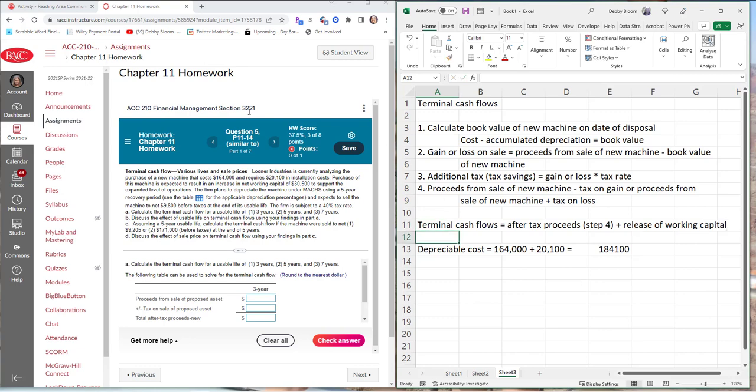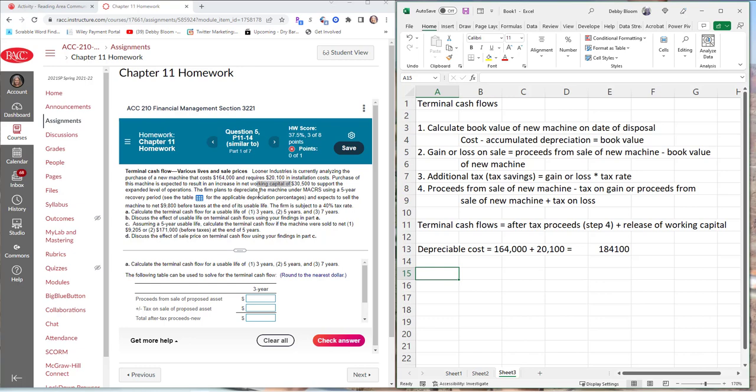You're going to notice here that this purchase of this machine required an increase in net working capital of $30,500. So supplies and employees. We always assume that when we get rid of the machine, we fire the employees, get rid of the supplies, and we go back to where we were right before. So we're going to depreciate $184,100 over the useful life, and part of the terminal cash flows will also be that release of working capital.